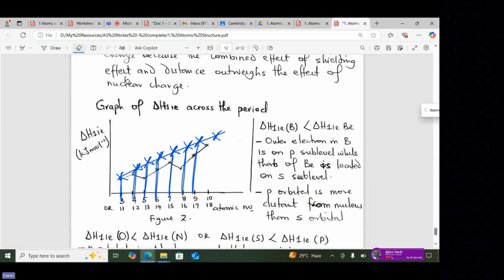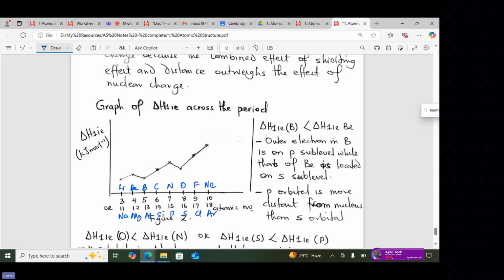Now look at the graph. Is it really increasing or not? It's increasing, but there are some fluctuations along the line. Which element to which element? This is lithium, beryllium, boron, carbon, nitrogen, oxygen, fluorine, neon, or sodium, magnesium, aluminum, silicon, phosphorus, sulfur, chlorine, argon.